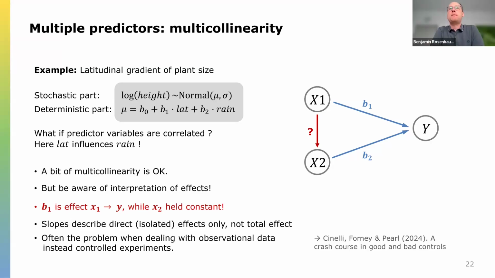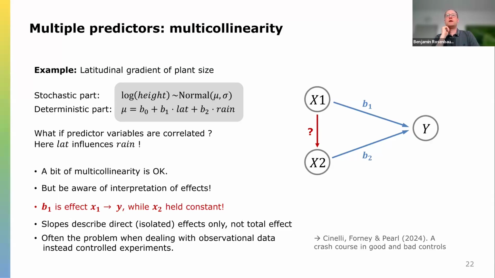So each effect, for instance, the effect of x1 on y is B only when I keep the second predictor fixed, right? So in your data set, usually if you increase x1, then on average you will also increase or decrease rainfall.